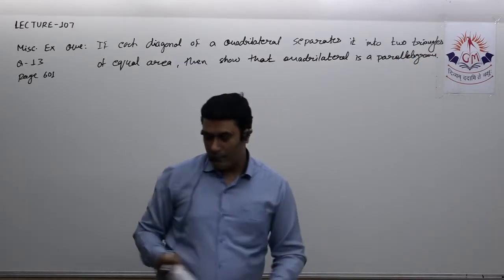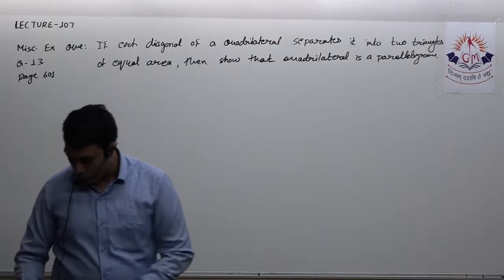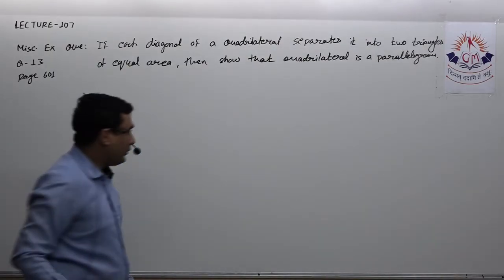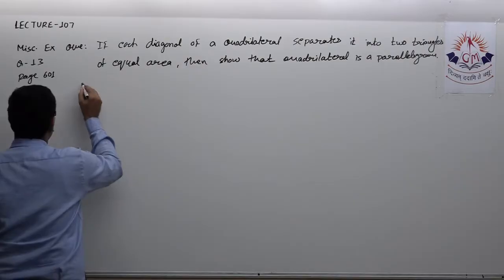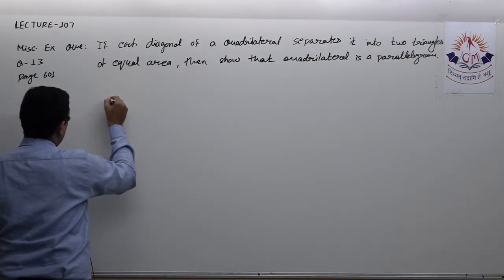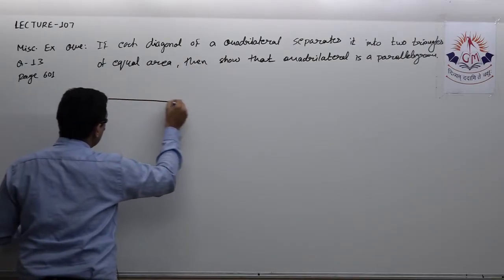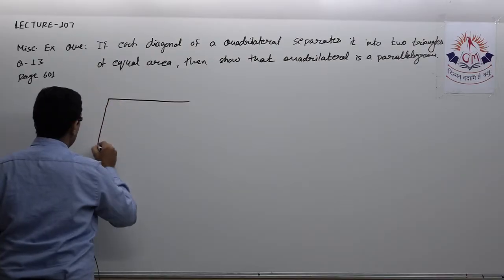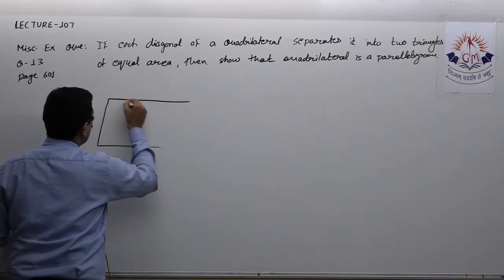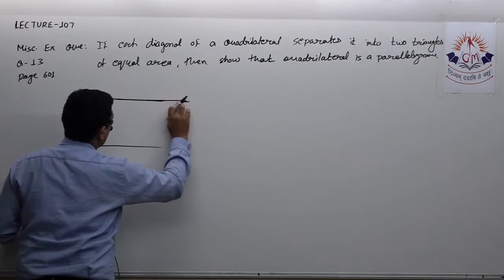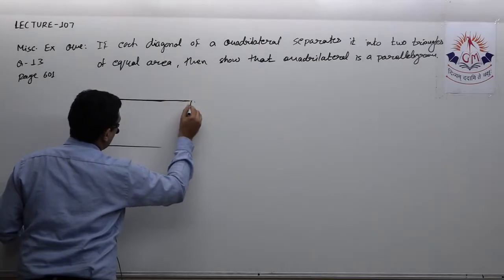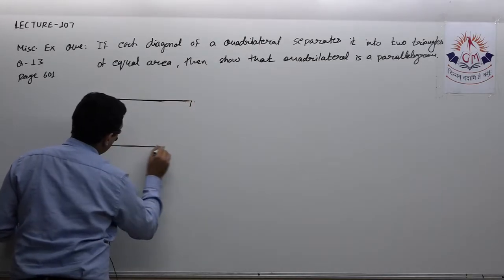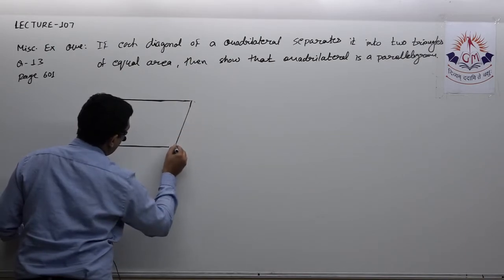Okay, so it is given each diagonal divides it into two triangles of equal area. So let us see how to prove this. We have a quadrilateral, and each diagonal divides that quadrilateral into two triangles, and those two triangles are equal in area.